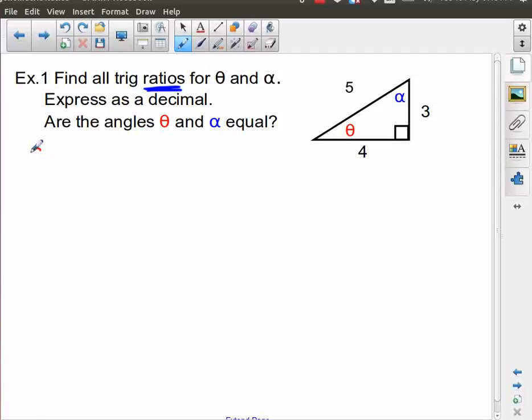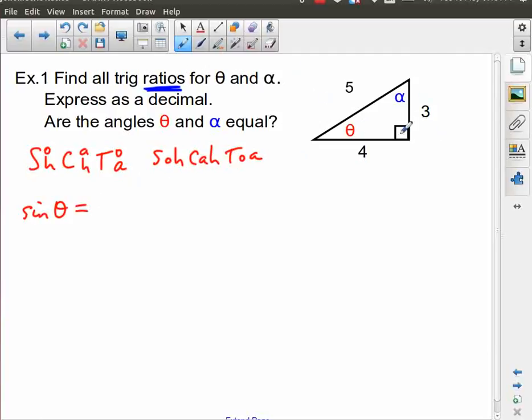So remember, I'll write it the way that, SOH CAH TOA. Alright, so that tells me that sine, now remember, for this first one I want sine of theta. And I can go over here, particularly because I've got color here.